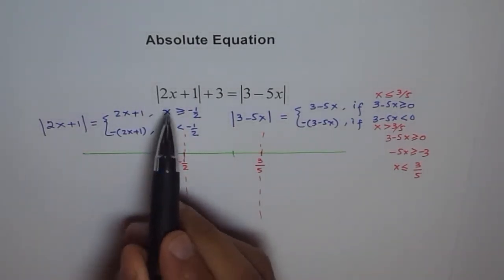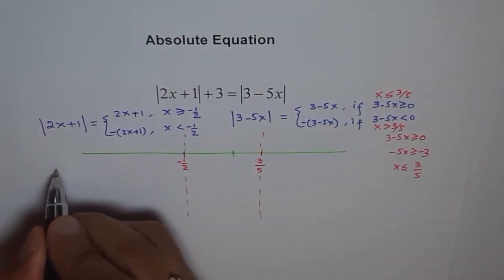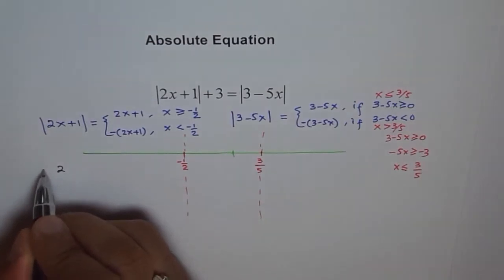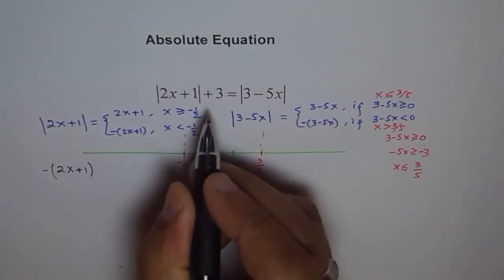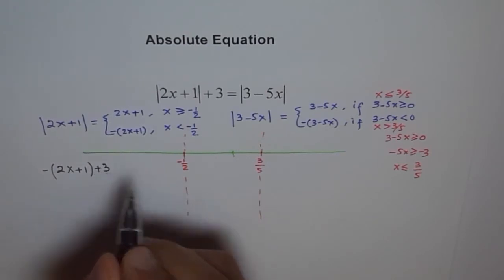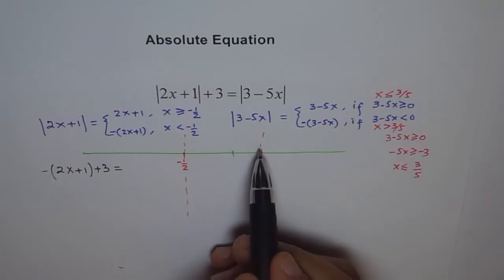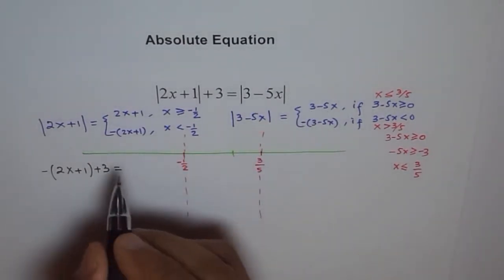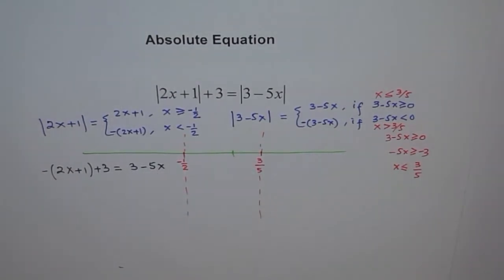In that case, the absolute value of 2x plus 1 is negative of 2x plus 1, right? We'll write plus 3 here, equals, and if we are less than 3 over 5 on this side, then it is positive, this value. Do you see that? Then it is 3 minus 5x. Do you understand that part?